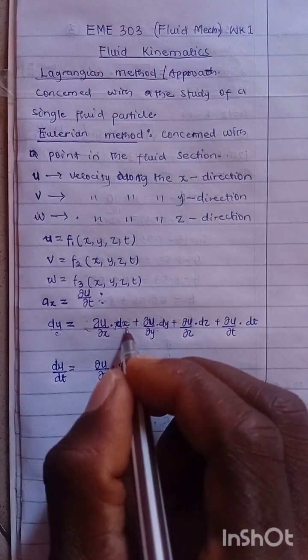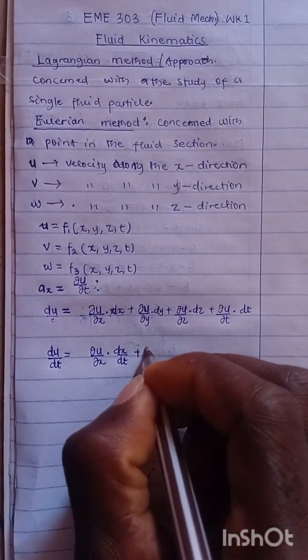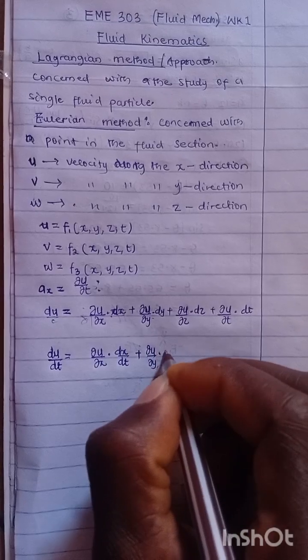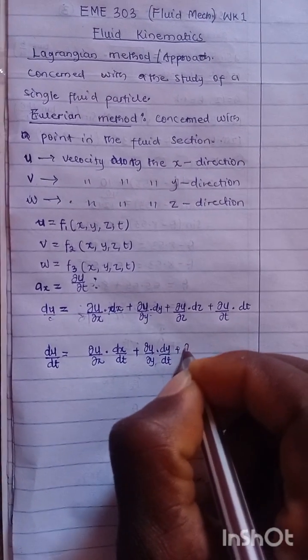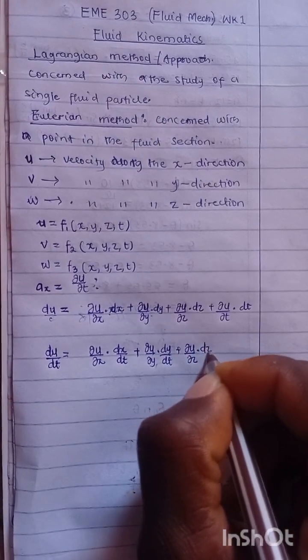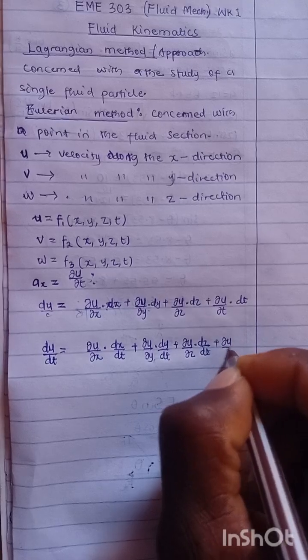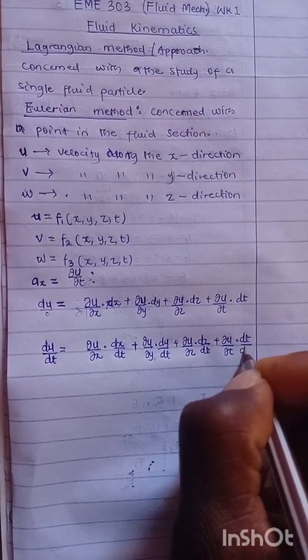I'll do the same thing for the next term: the partial derivative of u with respect to y multiplied by dy by dt, plus the partial derivative of u with respect to z multiplied by dz by dt, plus the partial derivative of u with respect to t multiplied by dt by dt, right?